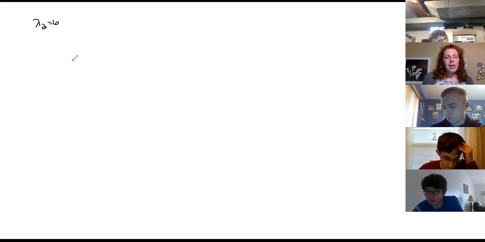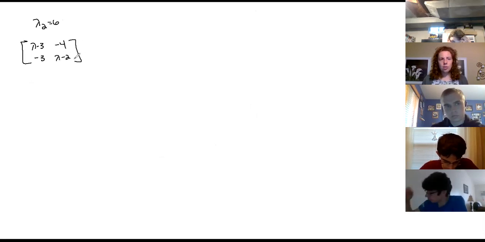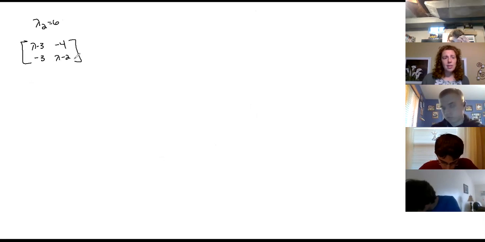Remember that my matrix was lambda minus 3, -4, -3, lambda minus 2. The determinant of that is my matrix.